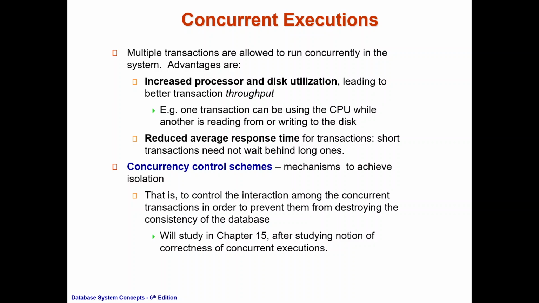It also reduces the average response time, which you already studied in the operating system, the time taken for the first process to start. Then concurrency control schemes are the mechanisms to achieve isolation, which is also achieved in concurrent execution.